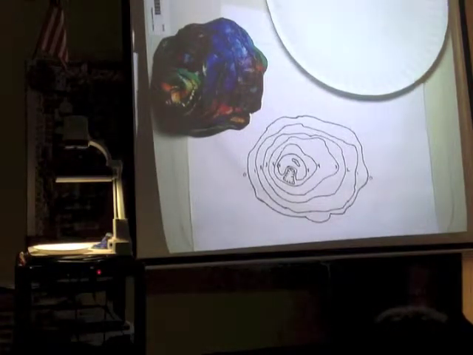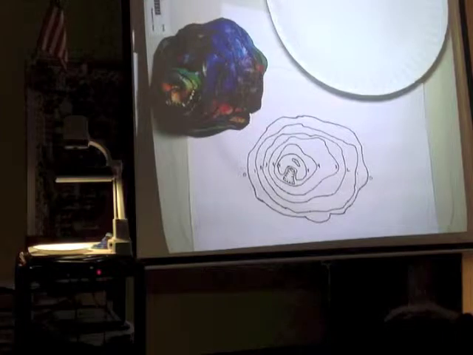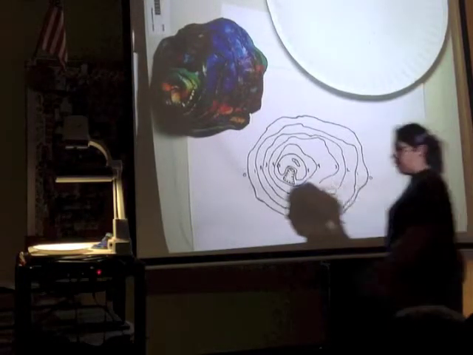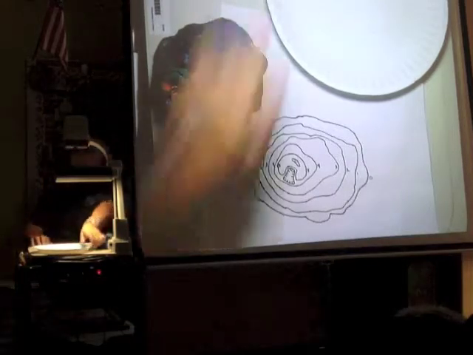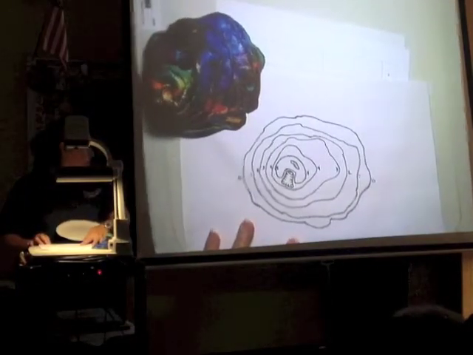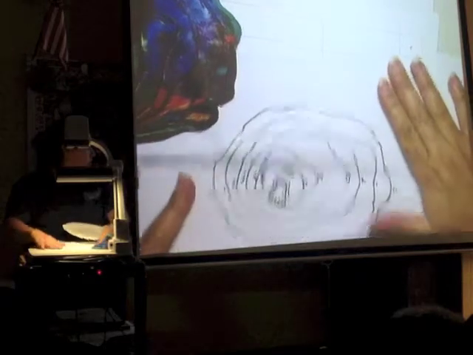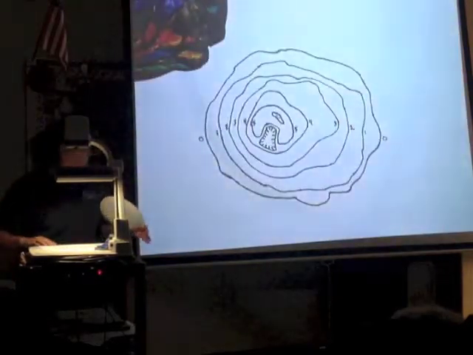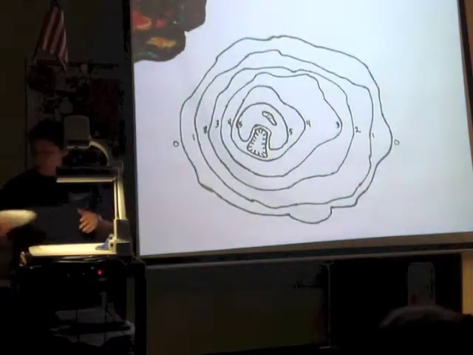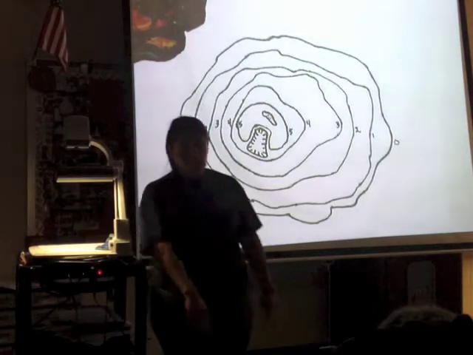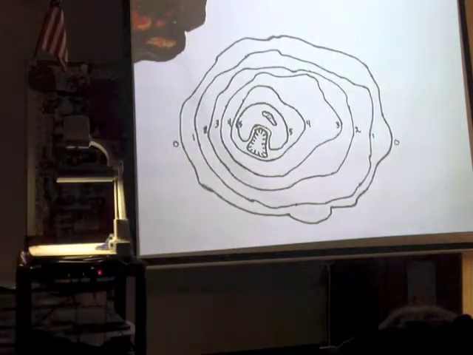So in your notes, write observations of the topographic map. What are you noticing? So write a few observations of what you see.